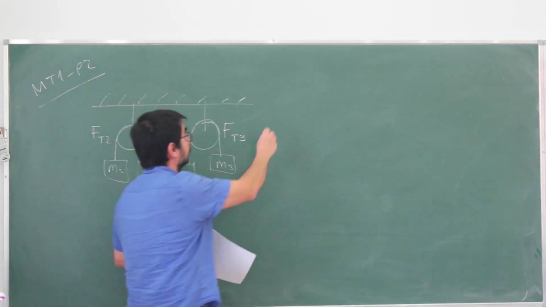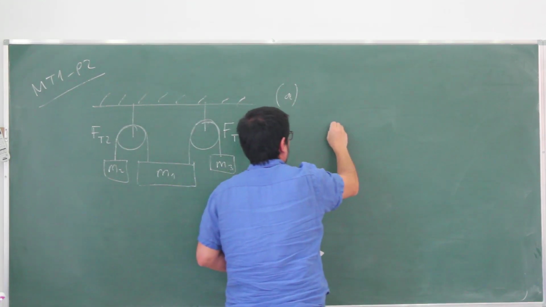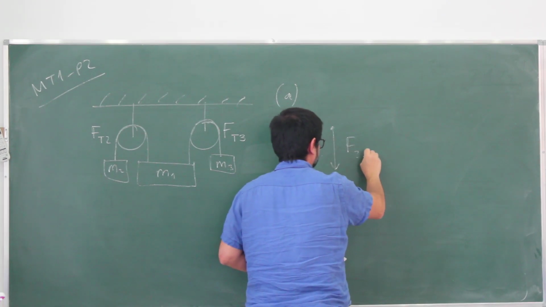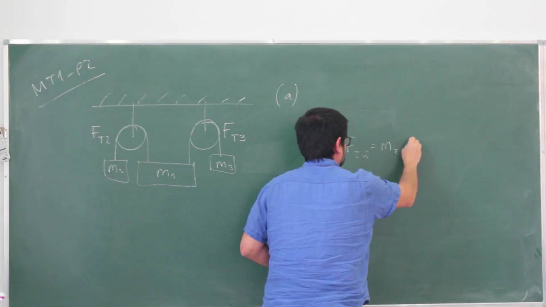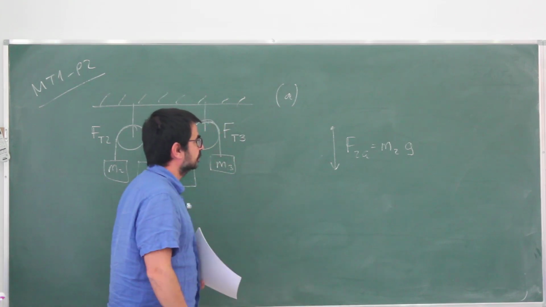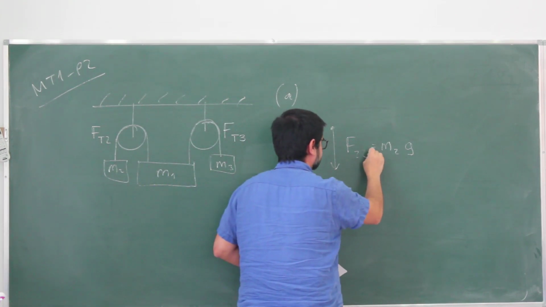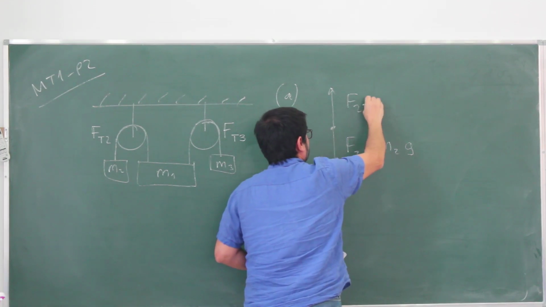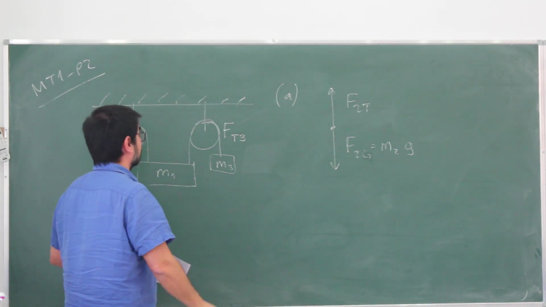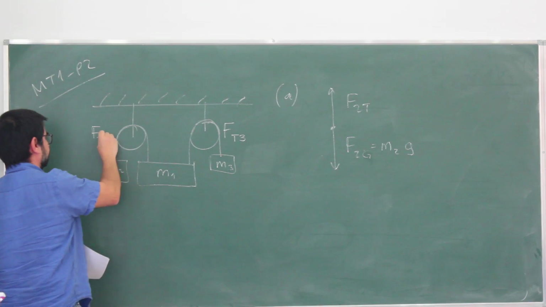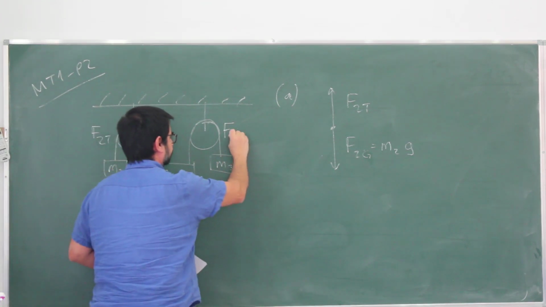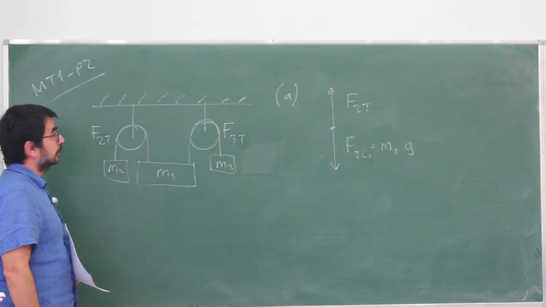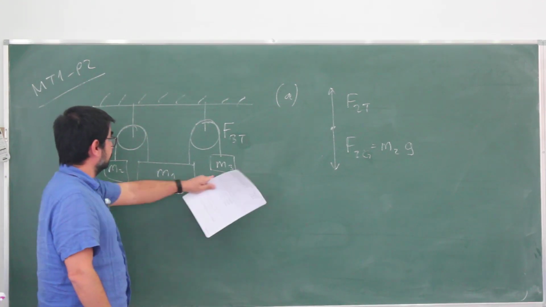Now for the free body diagram of M2, we have F2G, which is M2 times G, which is 9.8. This is a capital G. And then we have F2T. Now this one is also easy.